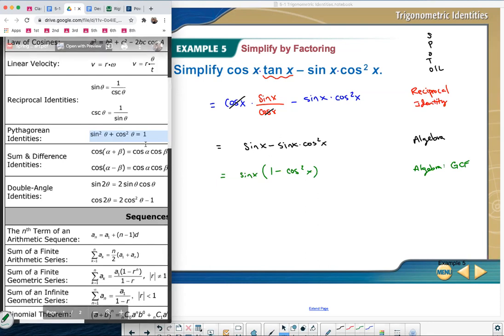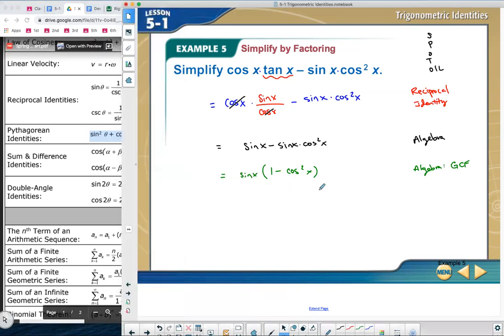So sine squared is going to equal 1 minus cosine squared. So that's what I have here. We're going to say that right there is equal to sine squared. And that was doing Pythagorean identity.